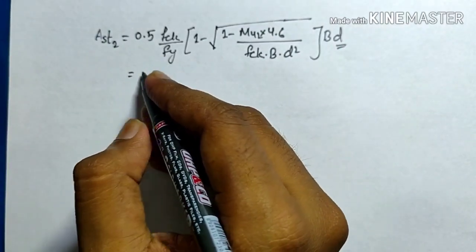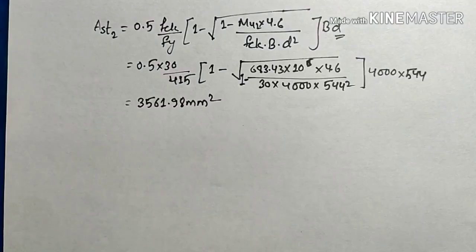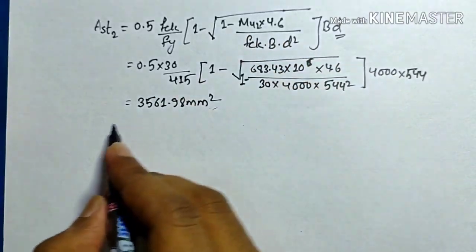So now put the value 0.5 into 30. Now we have got the value of AST2 after putting the values in this formula.